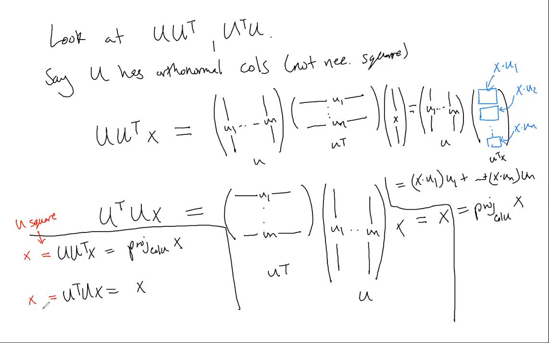So yeah, that's just the main takeaways of orthogonal matrices for us: as a linear transformation, they don't change your angles or your lengths. And if you take an orthogonal matrix u and form u transpose, this gives you what's called a projection matrix.